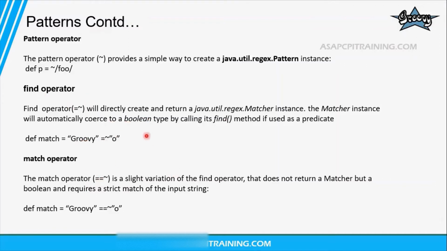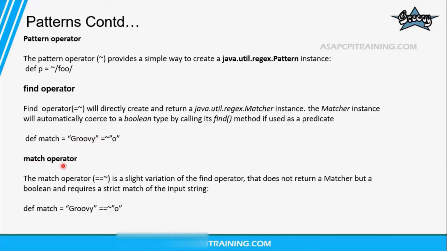In the find, it is not a strict matching of the string, meaning it can find the occurrence of O. If you see this, this is your string and this is your regular expression which you provided. You want to find whether O exists within Groovy or not. Find will give you all the occurrences, all the instances of O within the Groovy string.